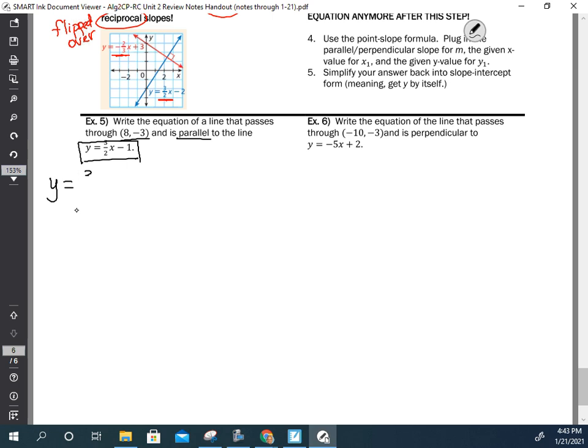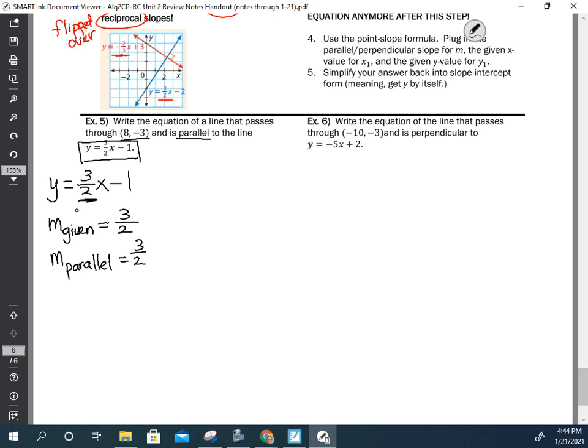It's already set up and ready to go. So the slope that was given to us is 3/2. If we want a parallel slope, then we keep the same value. So that's also 3/2. So we've got two 3/2s.